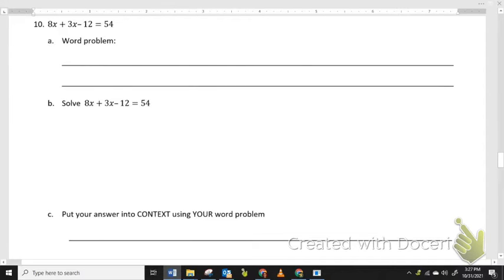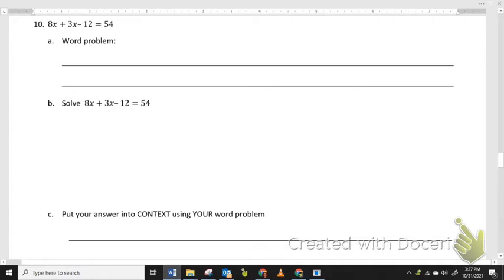Okay, so number 10, we have another write a word problem, solve the word problem, put the answer of the equation into the context using the word problem that we wrote.